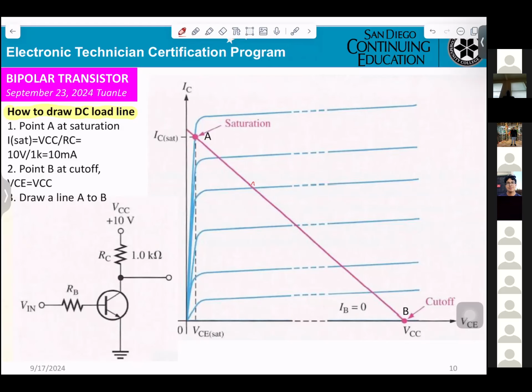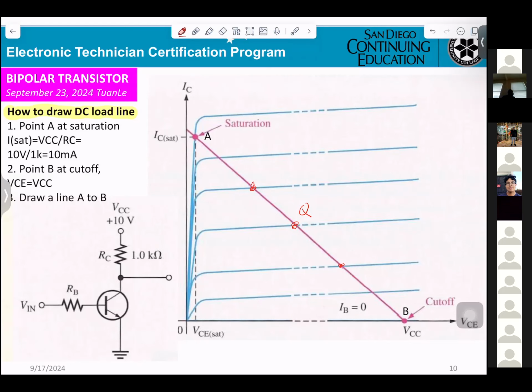You can pick a point here, or here, or here. So you need the line. This curve goes with the transistor, and you pick any point, here or here or here, depending on the load line.